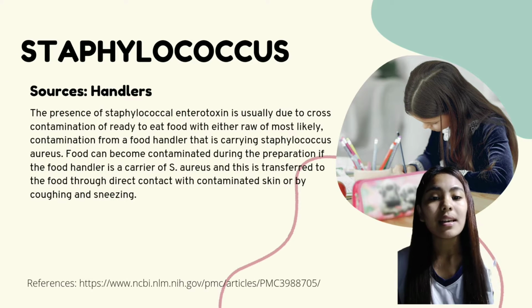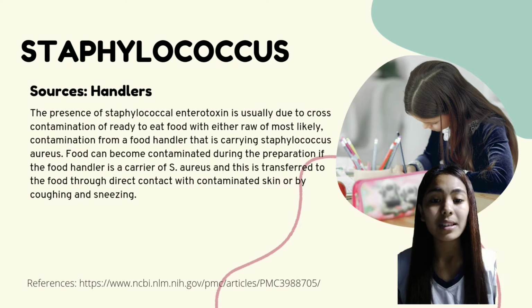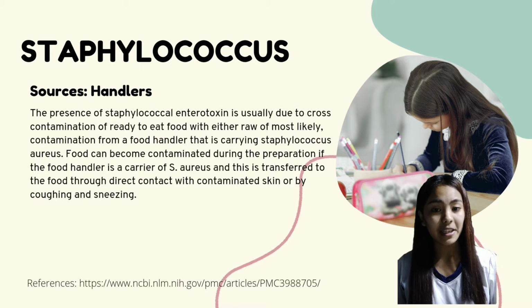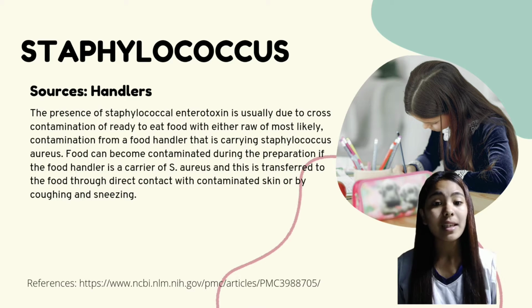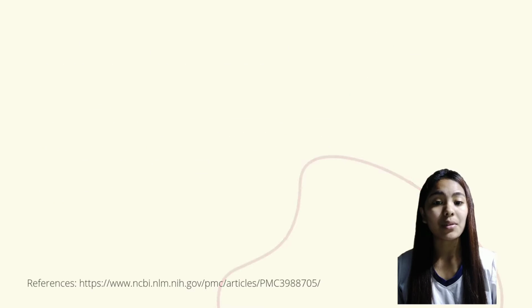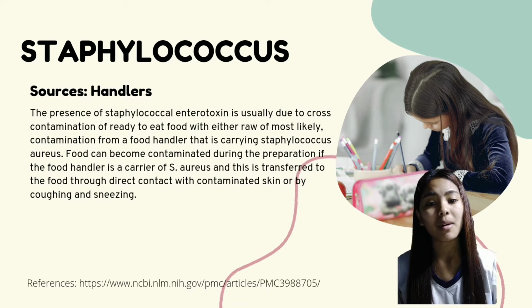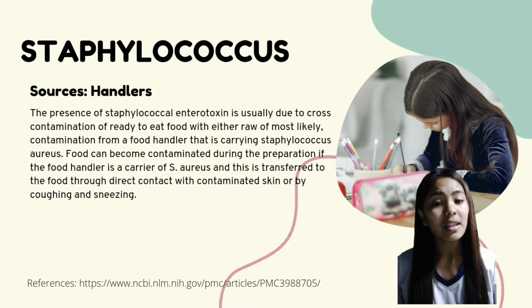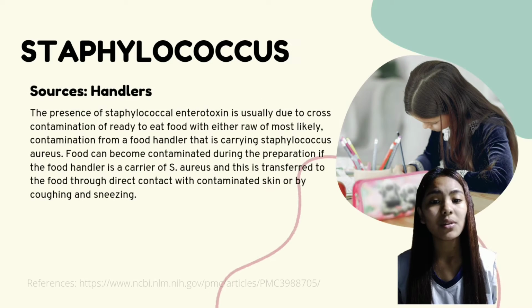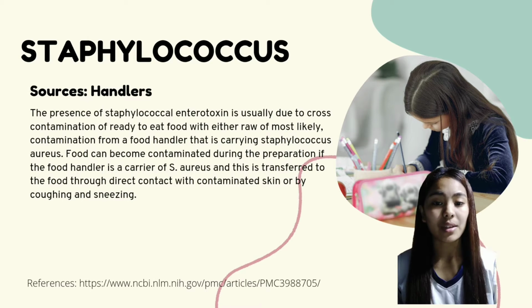So in handlers, the presence of the staphylococcal enterotoxin is usually due to cross-contamination of ready-to-eat food with either raw food or, most likely, contamination from a food handler that is carrying Staphylococcus aureus.